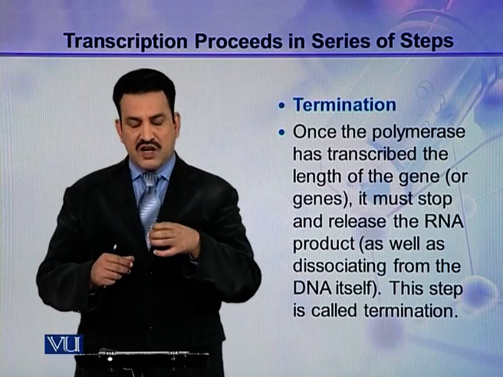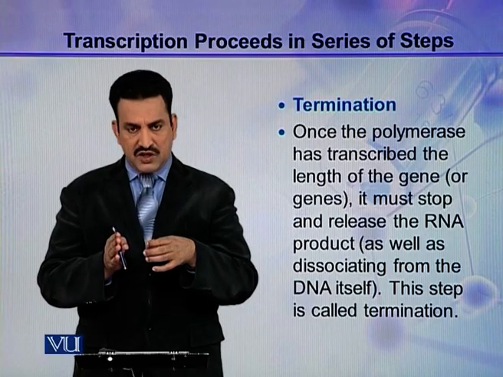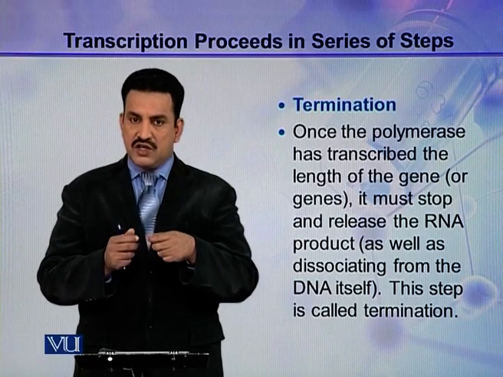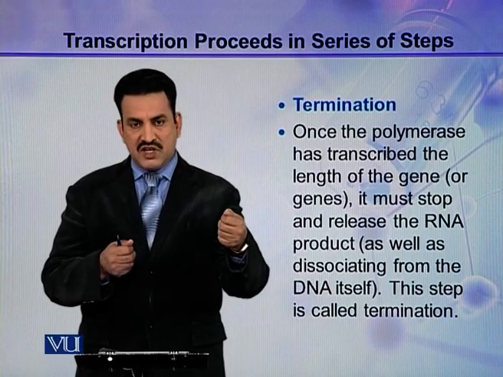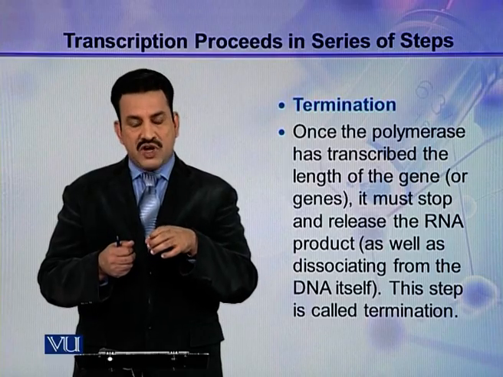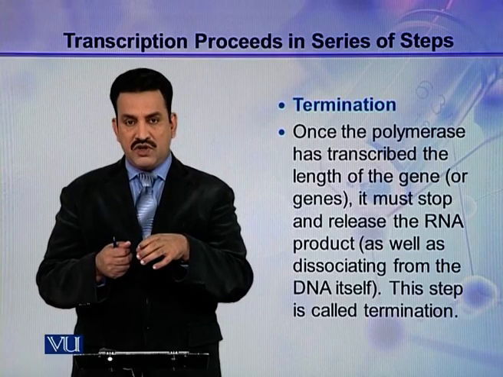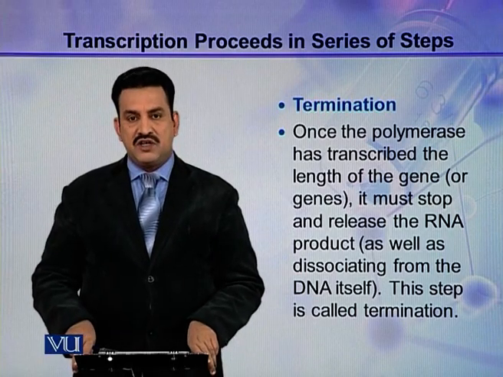So this RNA polymerase should stop synthesizing the strand, and it removes the RNA. It should remove the RNA from the DNA template, and it should also remove itself from the DNA. This step is called termination.